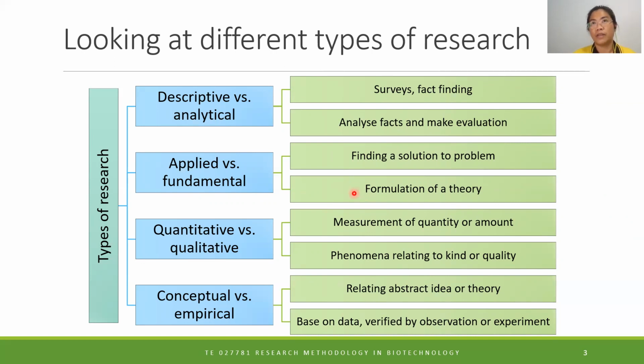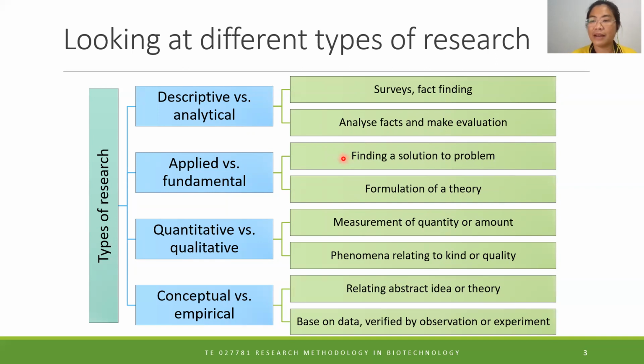Most of this type of research would be in pure science. Social science is another thing. In science or maybe medical, if you want to find a theory explaining something, that is a type of fundamental research. So you're trying to get new knowledge, more or less.